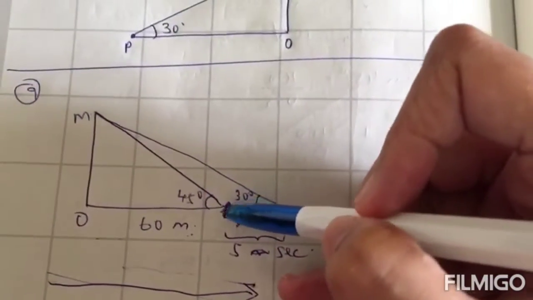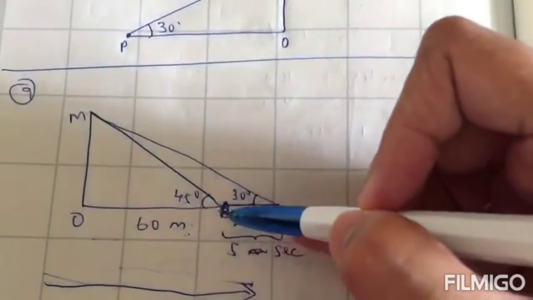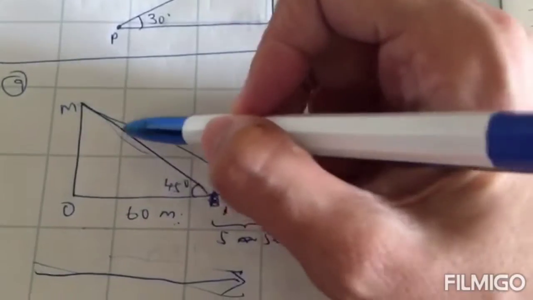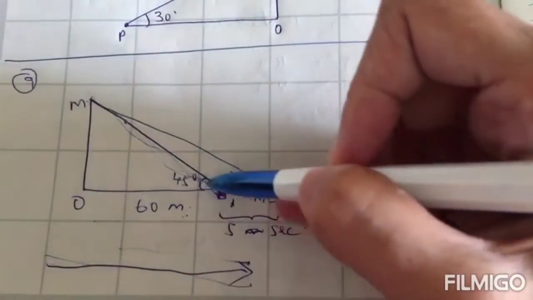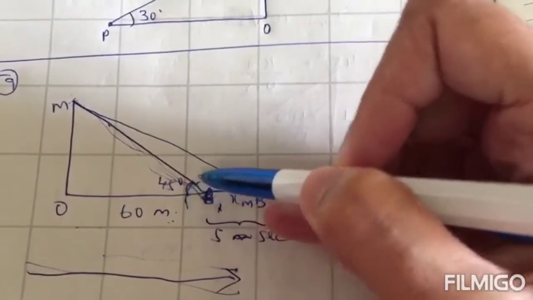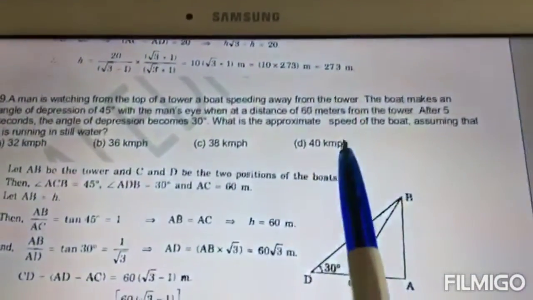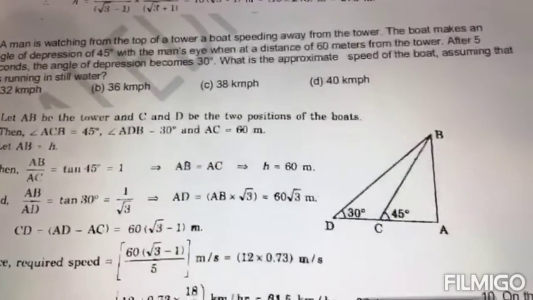The man is standing on the tower and looking at the boat. Let this be his line of sight. It is creating an angle with the boat, and that is called the angle of depression, and it is 45 degrees. Then after 5 seconds, the angle of depression becomes 30 degrees.